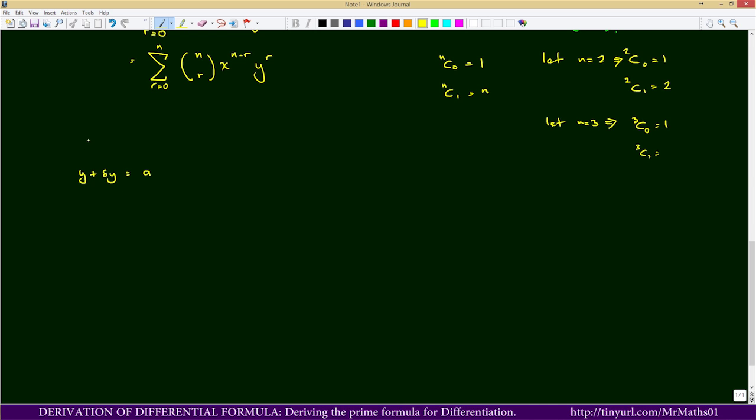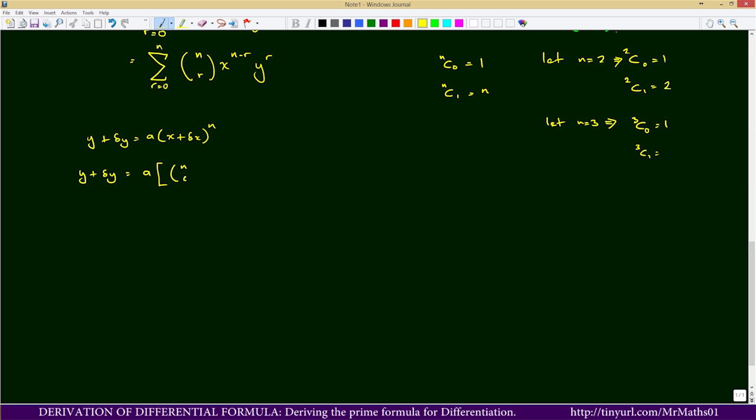Let me just write back what I had before, which is y plus delta y equal to a times x plus delta x to the nth power. Alright, I'm going to replace x plus delta x to the nth power with the expression in the square bracket.